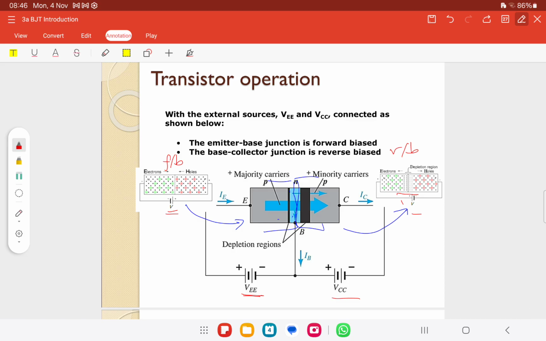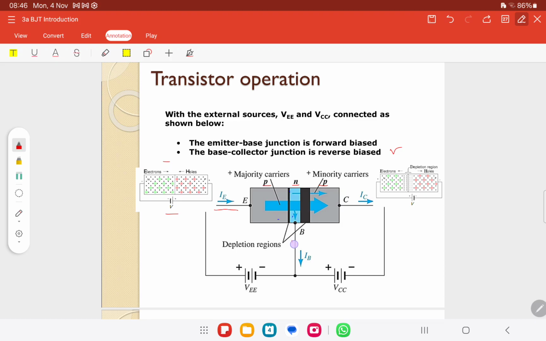And okay, so I want to erase first. Now we want to look at the current flow. Okay, so here in forward bias, IE will go in. That is why this is the PNP, because it enters through the IE.